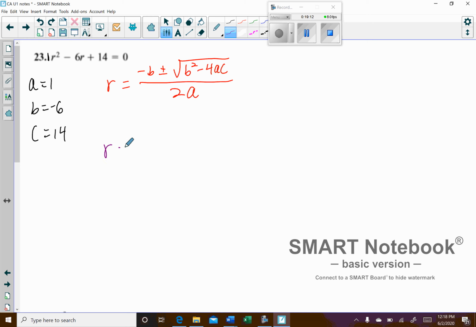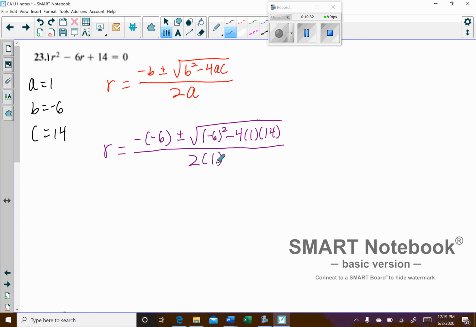All right, so it's time to start plugging our stuff in. So let's see, -6 plus or minus the square root of -6 squared minus 4 times 1 times 14, all divided by 2 times 1.